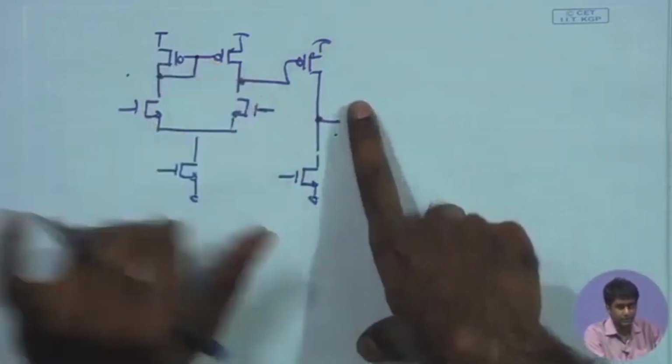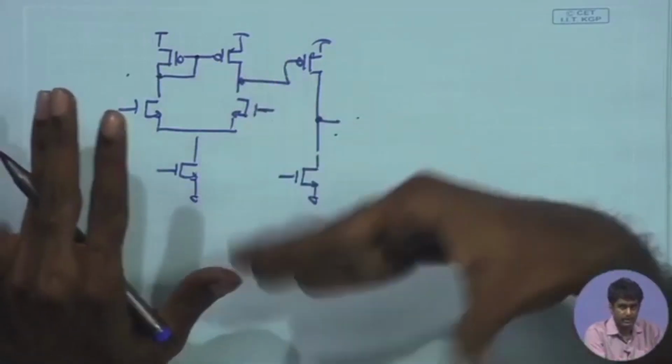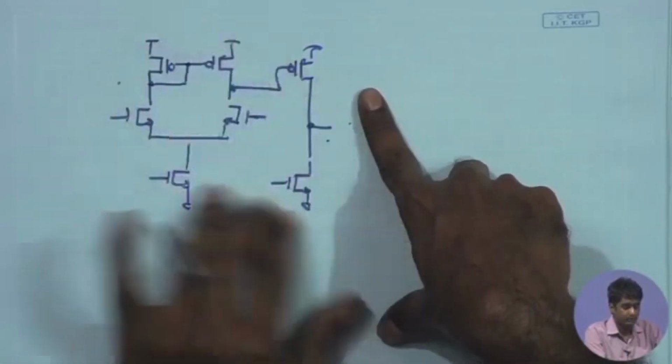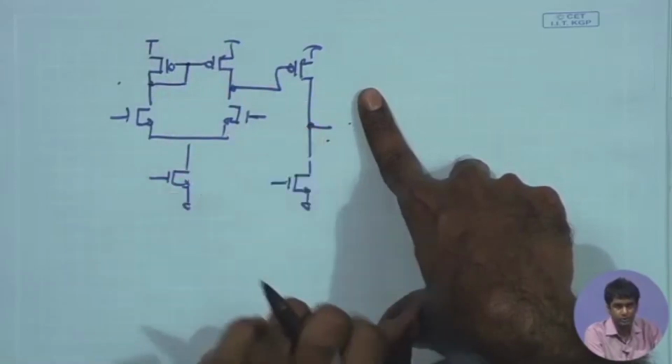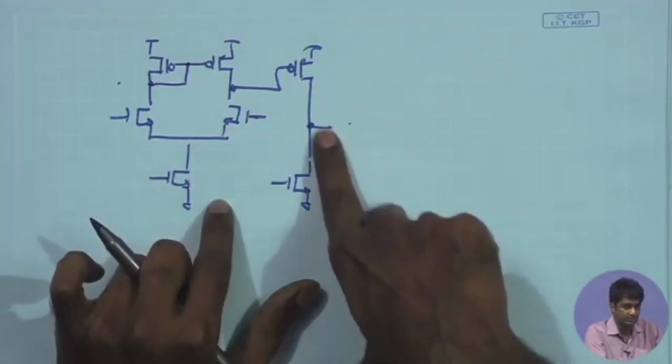If I use this as an op-amp, we need to make sure that this is at a proper bias point. In the feedback configuration, of course, the negative feedback of the amplifier makes sure that this is operating at the desired bias point. But for open loop conditions, once again we don't have much control over the single ended output.